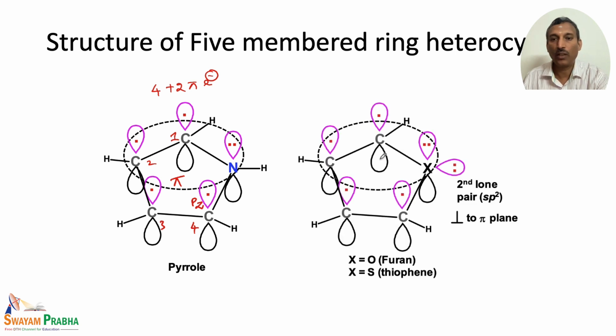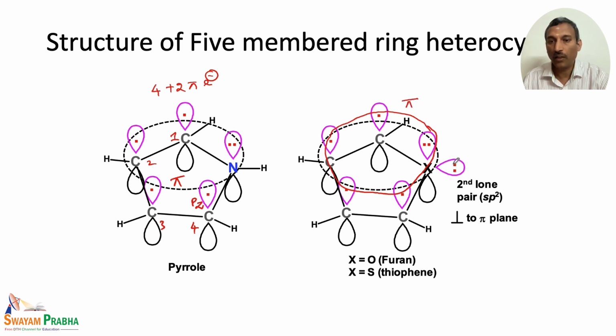And if we look at the other 2 heteroatoms, that means when X is oxygen or sulfur, they have 2 lone pairs. Out of the 2 lone pairs, only one lone pair is involved in the pi ring formation, giving the 6 electron pi aromatic system.